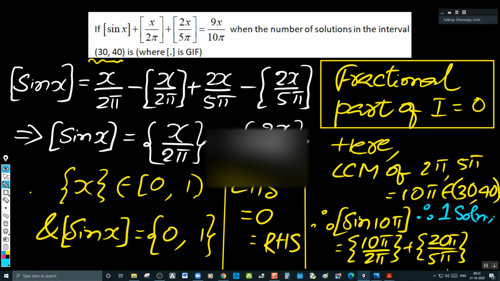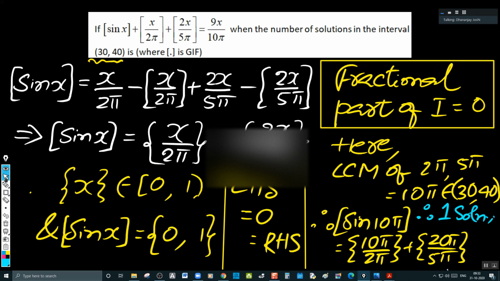तो इन लोग ने बोला कि x lies between 30 and 40. तो मैंने वो less than or greater than करके लिखा.